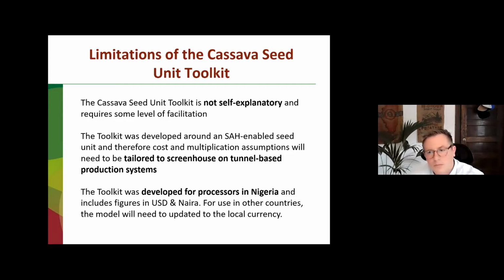So if we use the toolkit in other countries, it means that the models need to be updated to capture the local currencies of the other countries. But apart from that, I would say the toolkit is quite flexible and easy to use, easy to understand, and easy to adapt for other production systems.